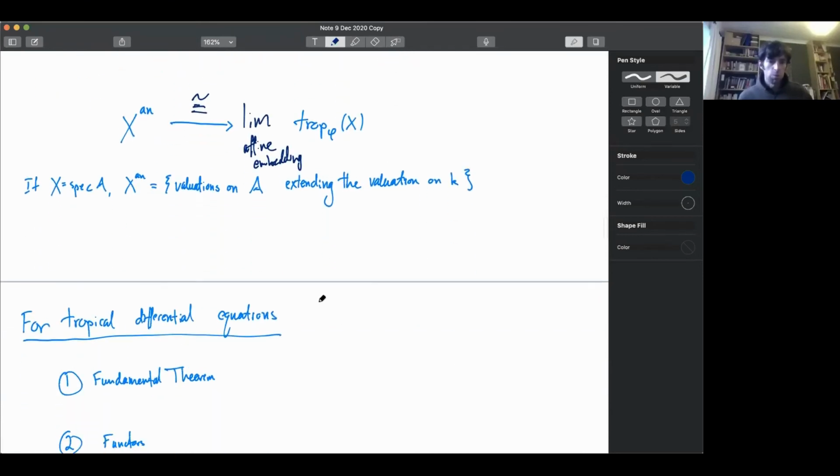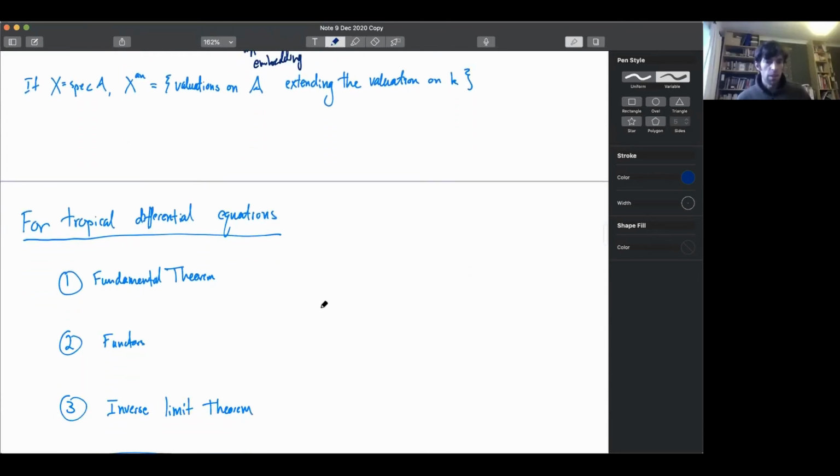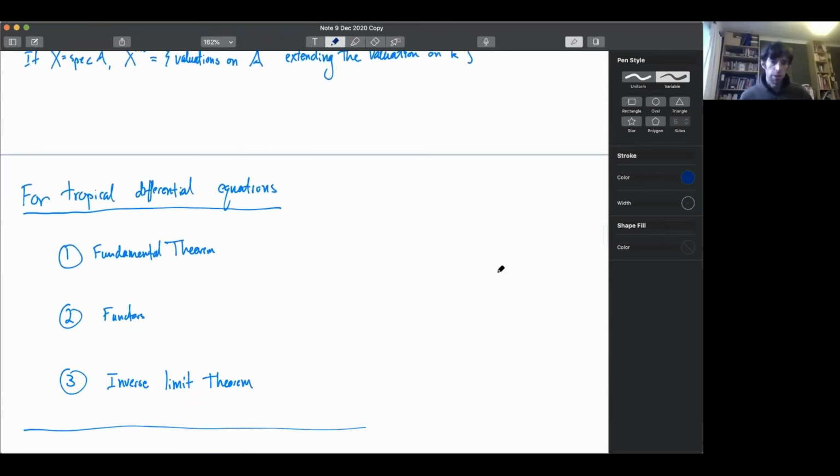Okay, so let's think about analogs of these three things for tropical differential equations. Fundamental theorem, well, we don't know yet. That's a question that Stefano and I would like to take a look at soon. The view of solutions as being given by functors, actually, we do have a tropical differential equation analog of that.